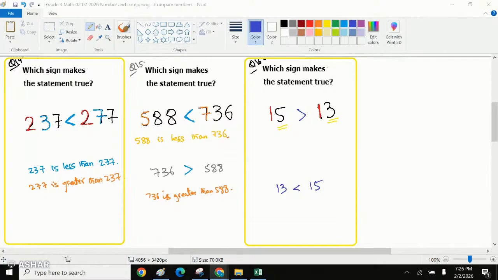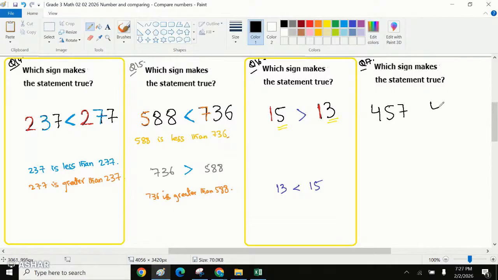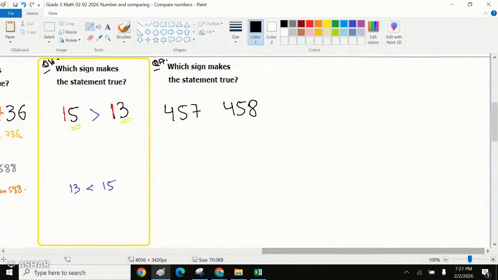The next question says, which sign makes the statement true? And question number 17 says 457 and 458. Okay, if these two are given to us, which number would be greater? Since it's a 3-digit number, we look at the hundreds first.